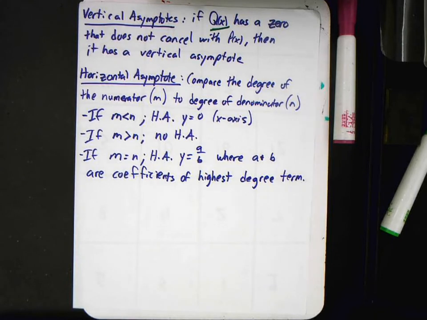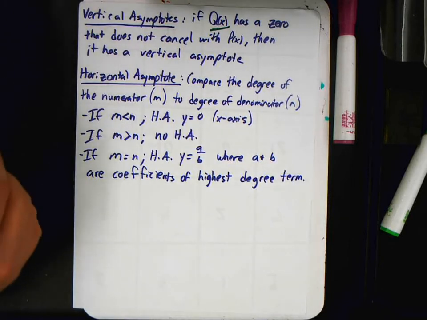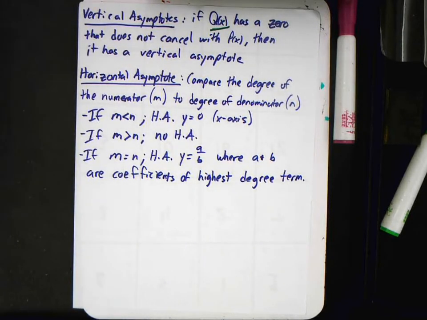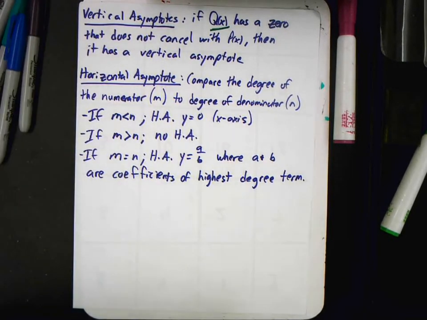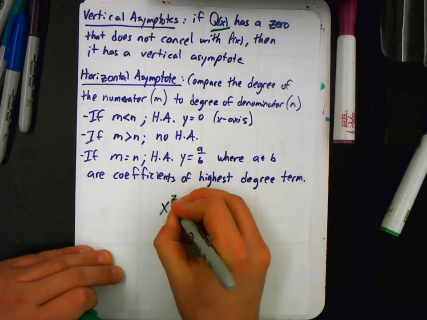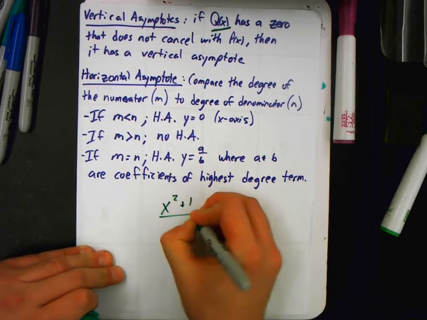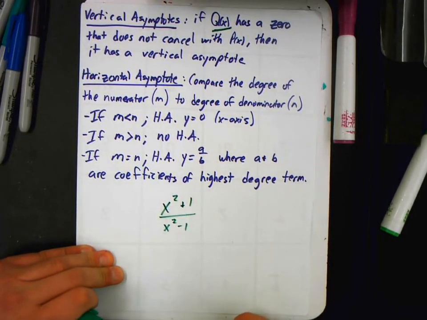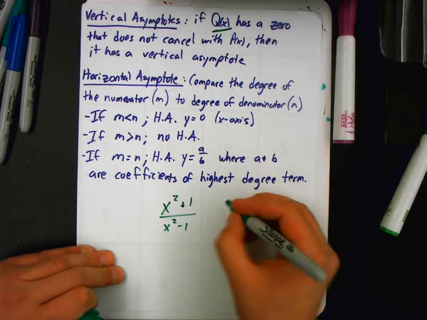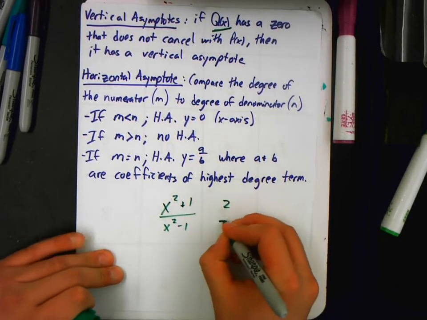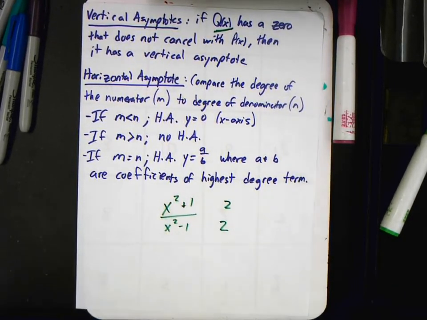A horizontal asymptote looks at the degree, or the power, whether it's squared, cubed, to the fourth, of both the numerator and the denominator. If we look back at our first example, x squared plus 1 over x squared minus 1, the degree of the numerator is 2, and the degree of the denominator is 2, because it's the highest term.